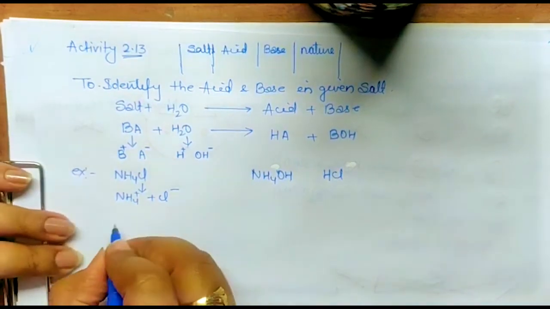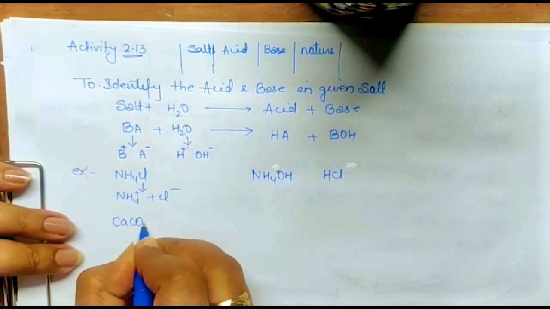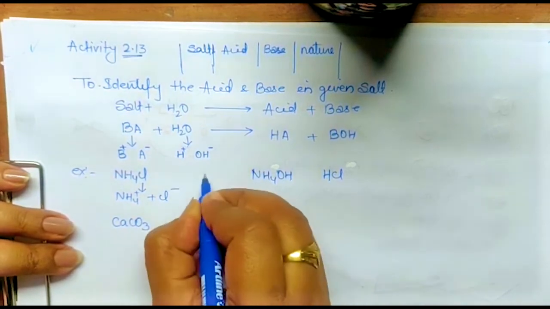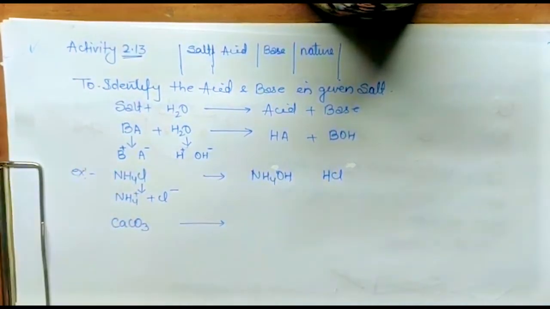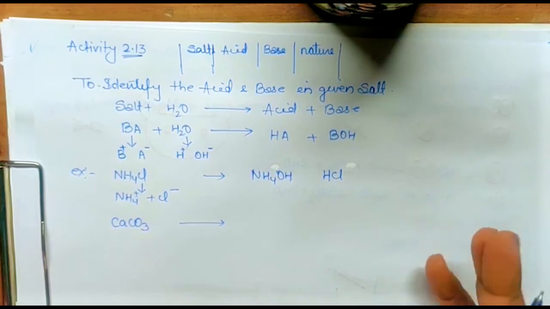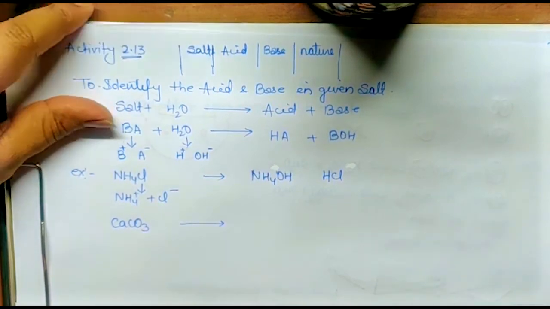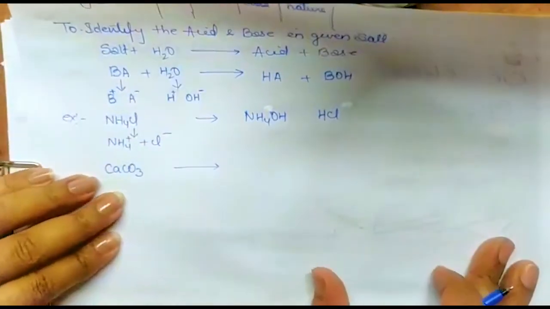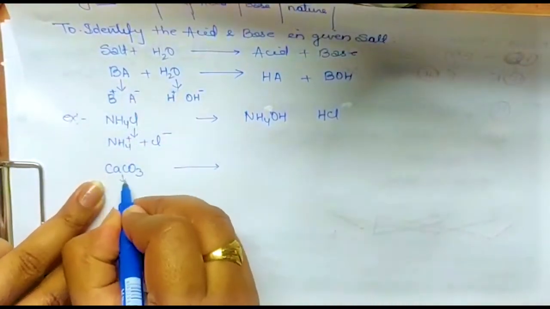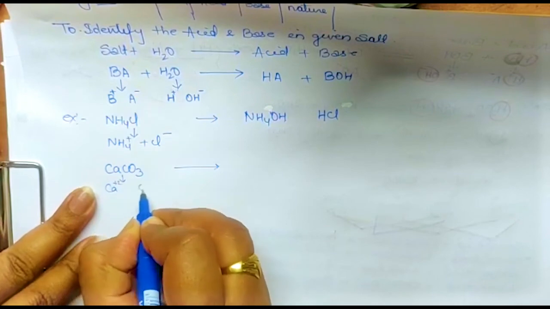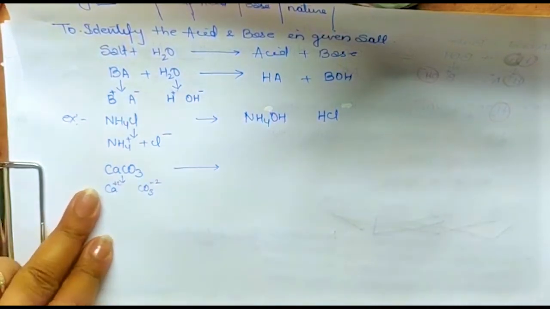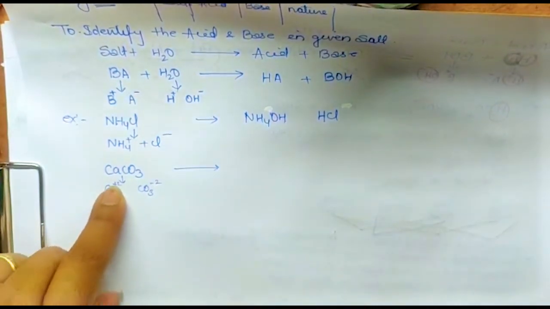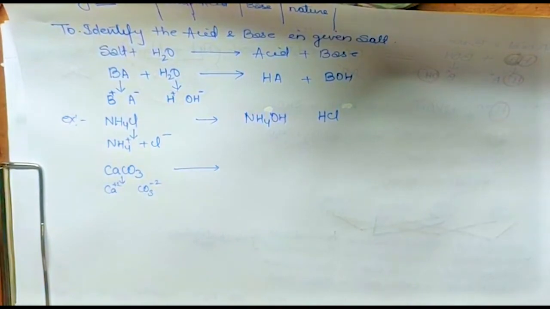Similarly, if I ask CaCO3, what acid and base are in this? Water is not given. You have to assume that water is there, which will give you H plus and OH minus. Clear? So split this: Ca plus 2, CO3 minus 2, isn't it? So it is 2 plus. To make it 0, how many OH minus do we want? 2, isn't it?